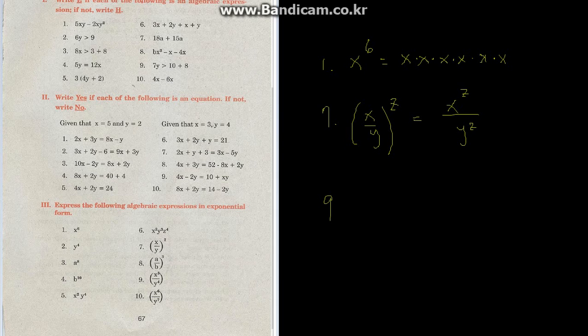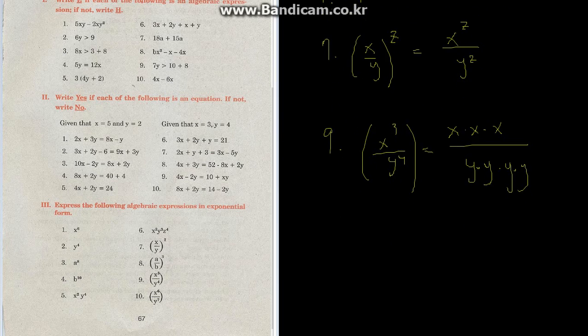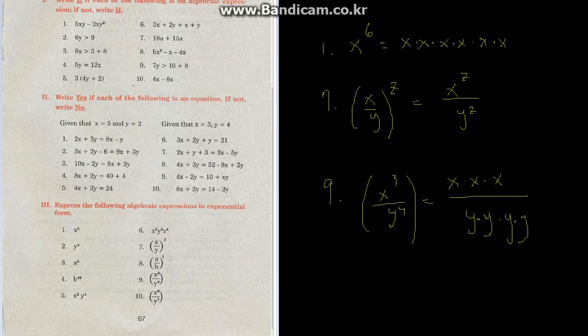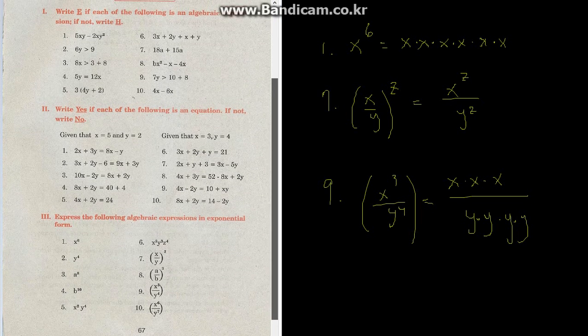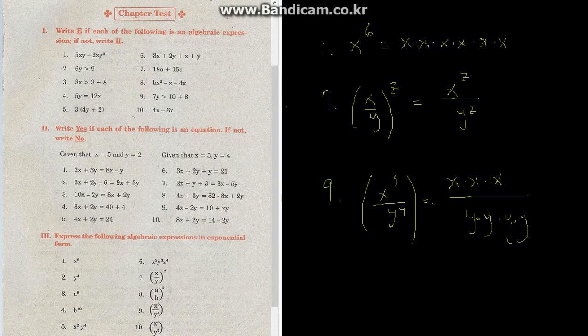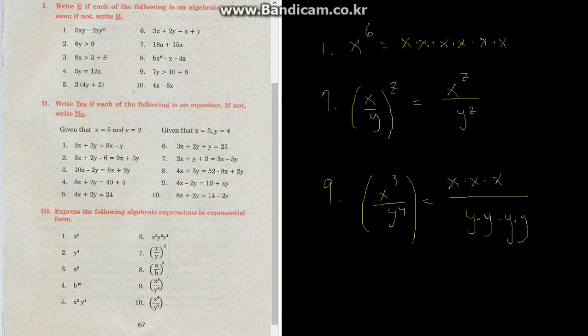Number 9, for example, x to the 3rd power over y to the 4th power, and it is equal to x times x times x divided by y times y times y times y. Okay, so it's not that hard. I hope you remember everything. What was exponents, what was an equation, and an algebraic expression. Okay, so now let's look at the next page.